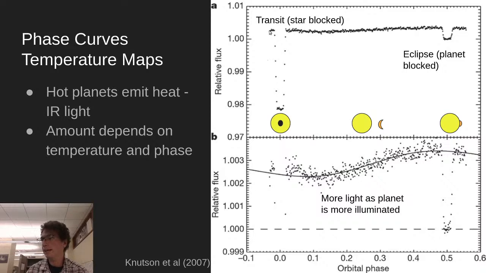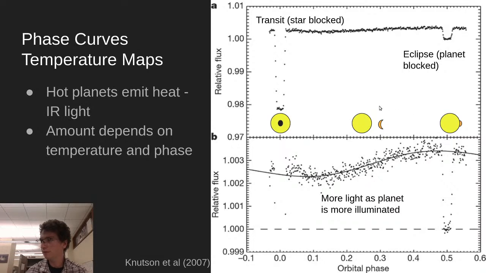So when the planet transits, it crosses in front of its star, it blocks that starlight, and we see a big dip here in the brightness of the star. But if we look in infrared light that's sensitive to the planet's heat, then after the planet crosses in front of its star, we'll start to see more and more of the hot day side of the planet illuminated.